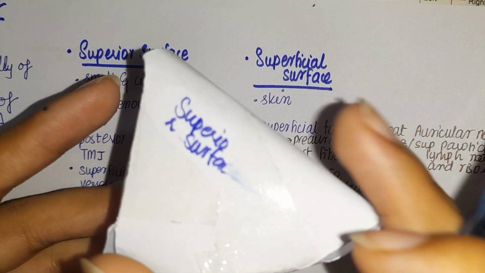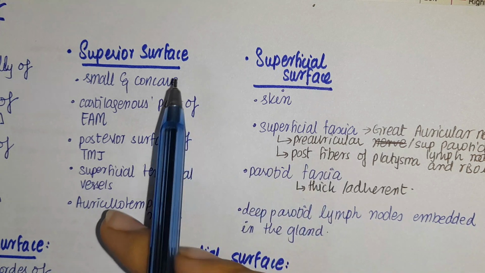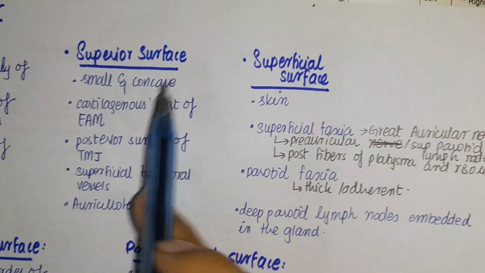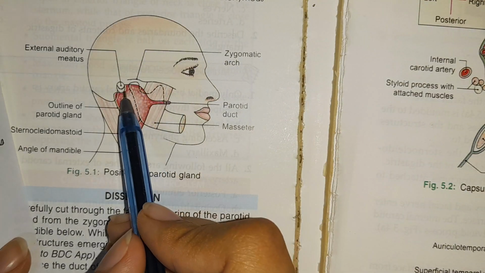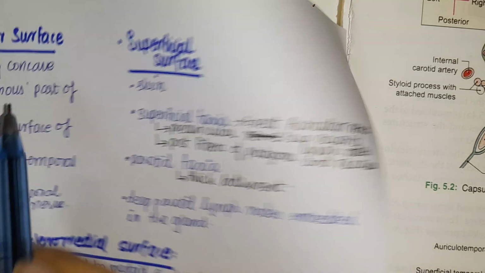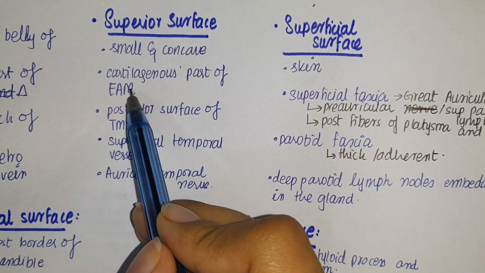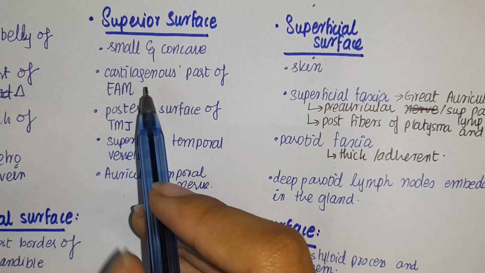Now situated just above the base, forming the base or the superior surface of the gland, we have the superior surface. Now this superior surface is mainly small and concave, and it is related to the external auditory meatus, mainly the cartilaginous part of this external acoustic meatus or external auditory meatus.